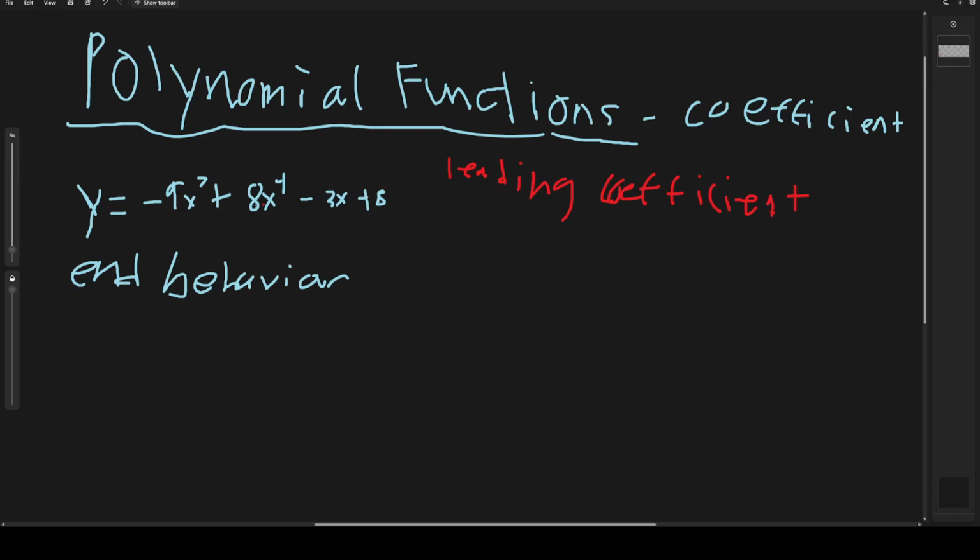So in here, which one do you think would be the leading coefficient? Give me a sec. So highest power. Obviously, it's going to be negative 9, because x to the power 7, x to the power 4, x to the power 1. This is the highest power.